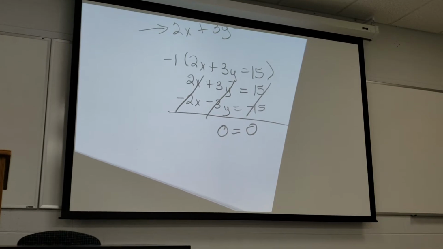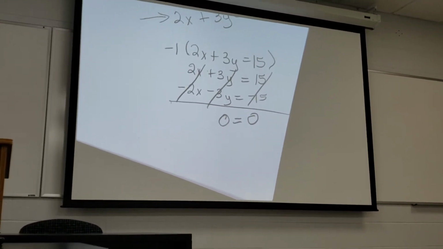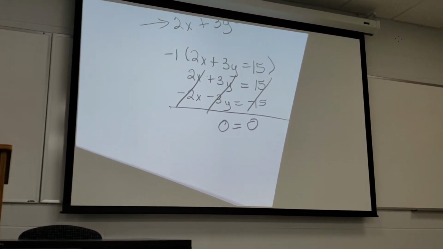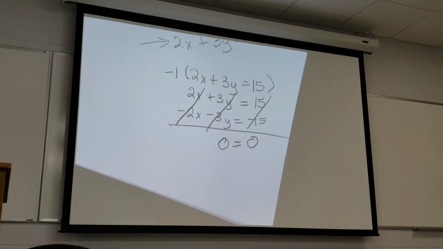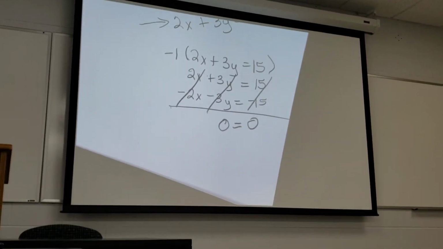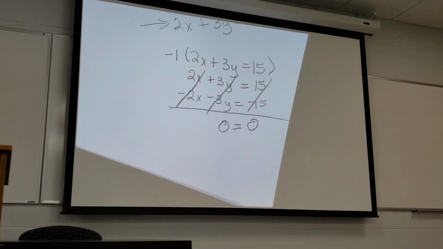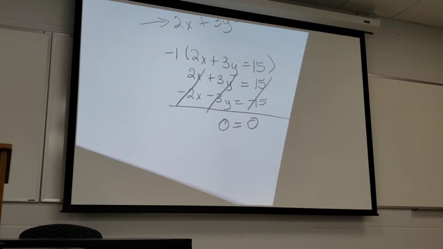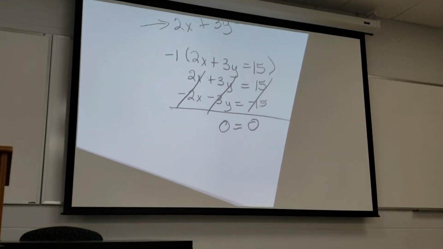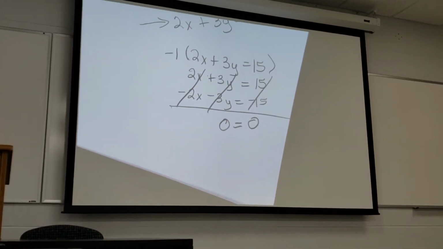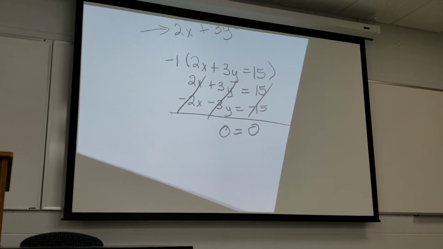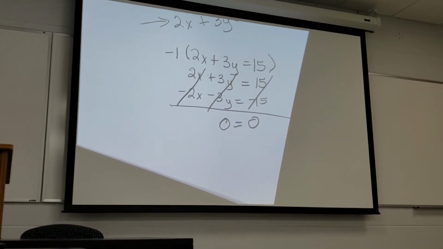Every time I do this, I'm telling you, because you are going to get on the test where you're going to solve, and you're going to have to tell me what the solution is, or how many solutions it has. Okay?